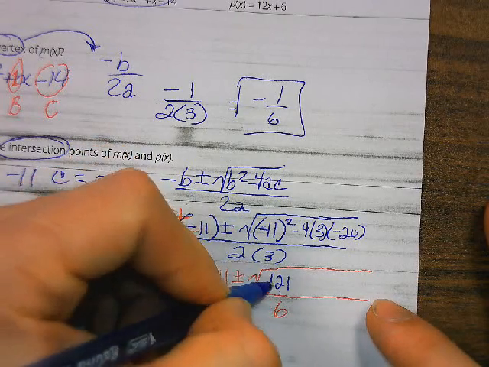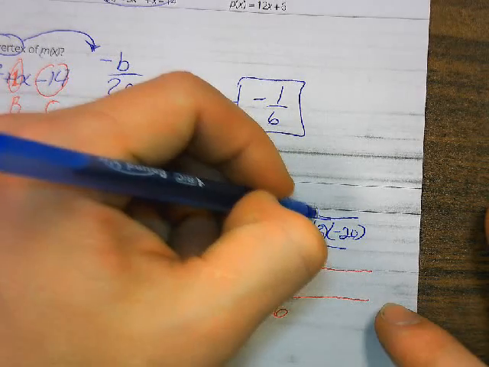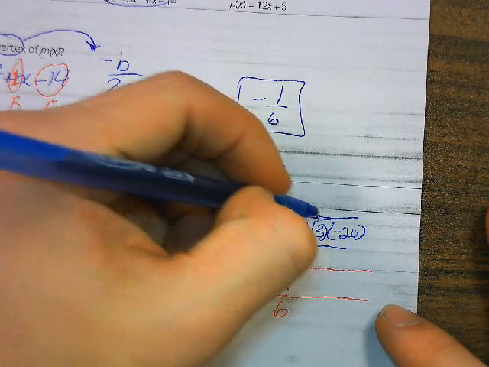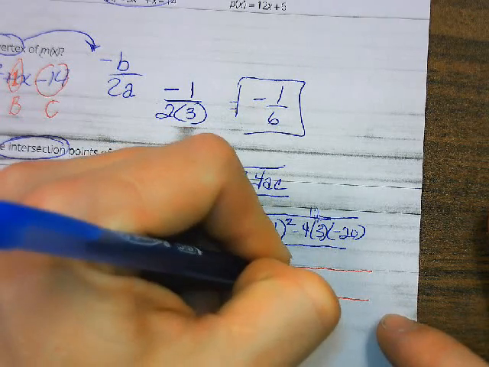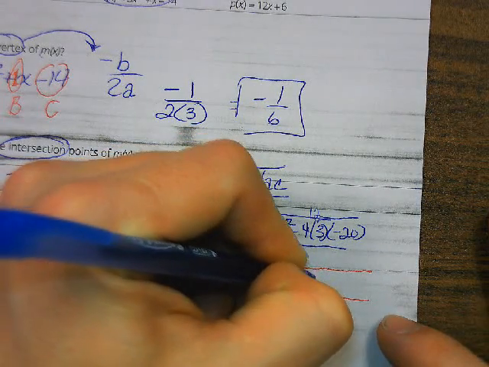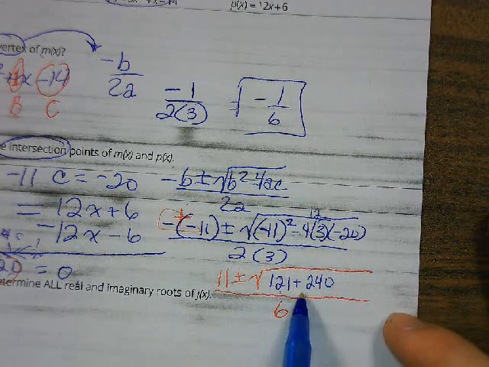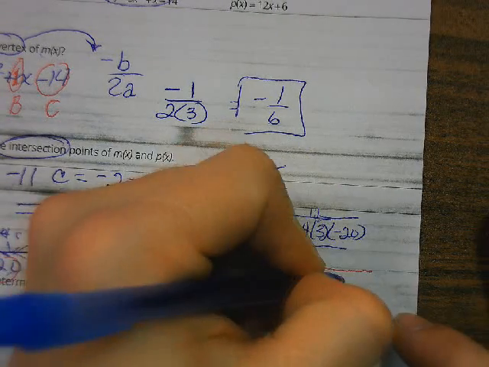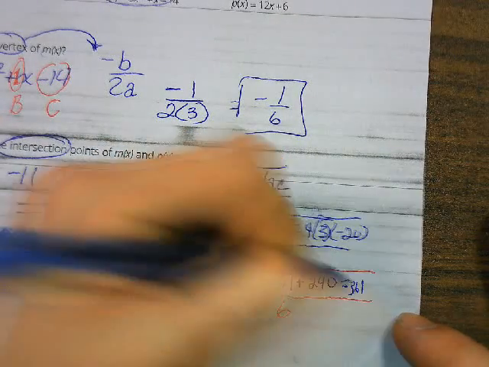And then 4 times 3 is 12, and 12 times 20 is going to be 240, plus 240. Again, negative times a negative will give you a positive. So 121 plus 240 is 361.